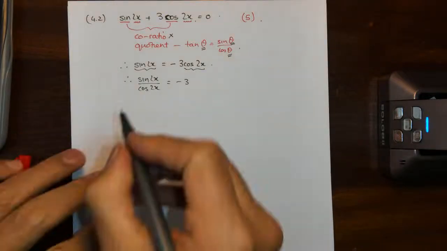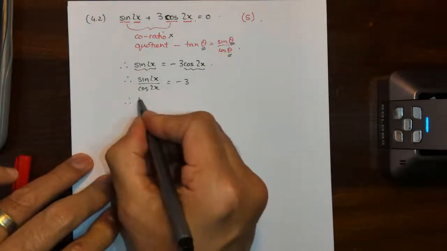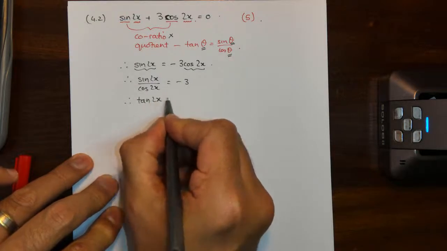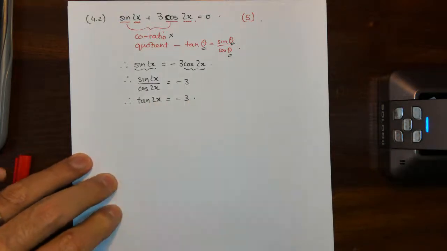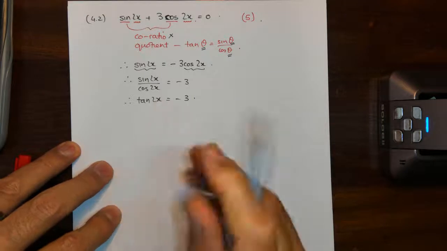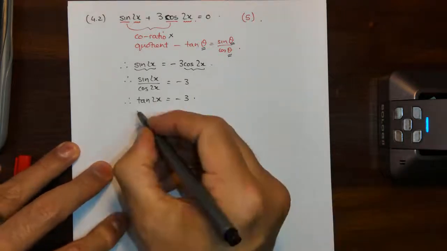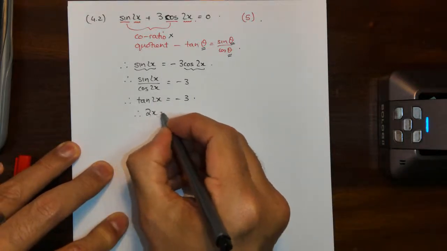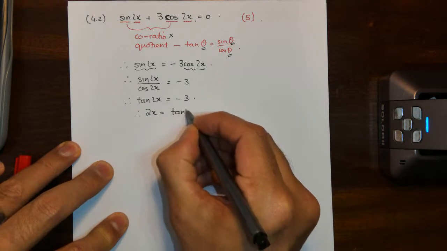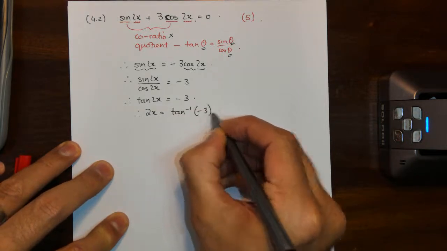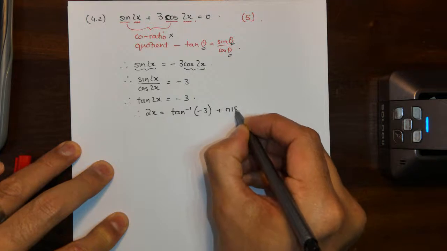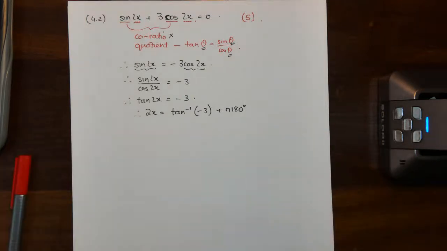Sorry, and that then shows that this reduces to the tan of 2x, which is minus 3. And now I can apply my definition. I can say, okay, that would mean that 2x would be the inverse tan of the negative 3 plus multiples of the period for tan.